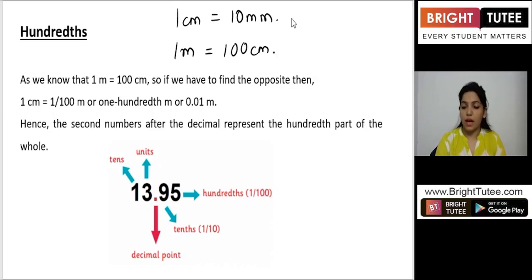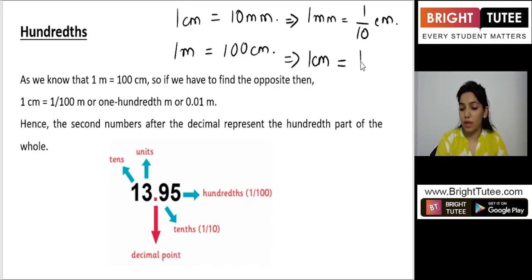Clear? Now I hope you also remember that if 1 centimeter is 10 millimeters, we can write 1 millimeter as 1 over 10 centimeters, right? So if we have 1 meter as 100 centimeters, can we write that 1 centimeter can be written down as 1 over 100 meters?